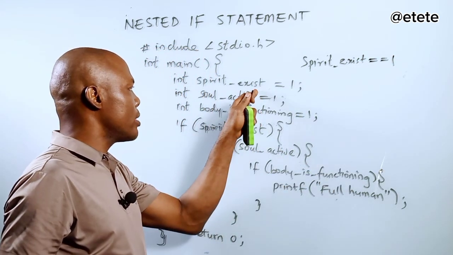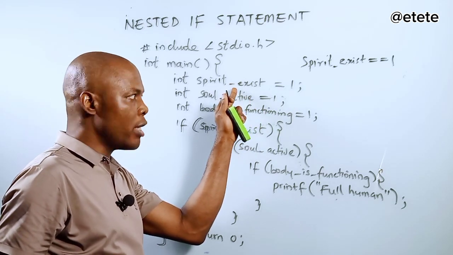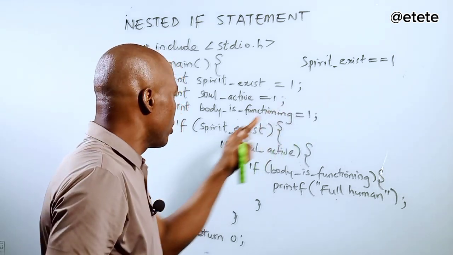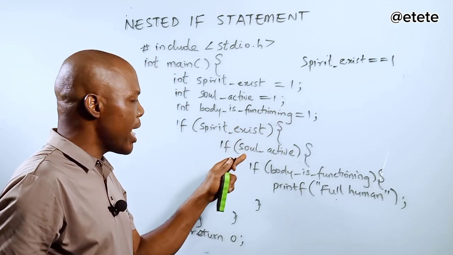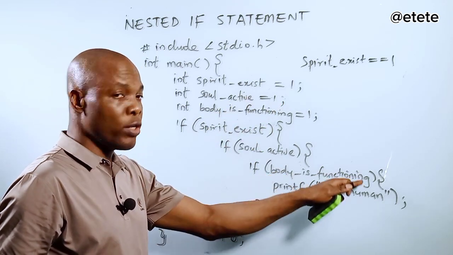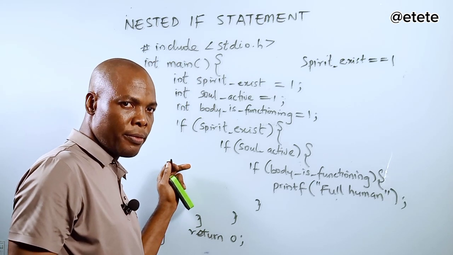So this is different from this. In this one, you are assigning 1 to spirit exists, which is the variable. But in this one, it means spirit exists is carrying 1 as a value. So if that is true, which is true, then you will go in and say soul active. That is also true. Then you will go in and say body is functioning. That is true. Then it will print full human.